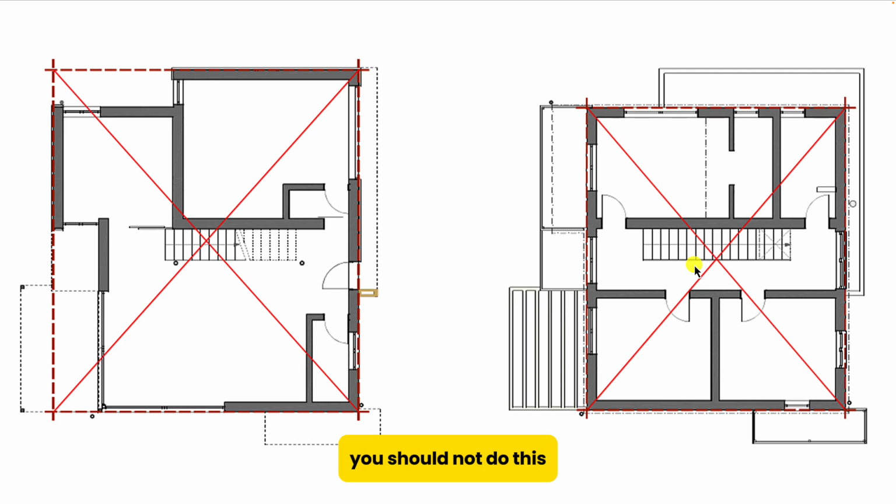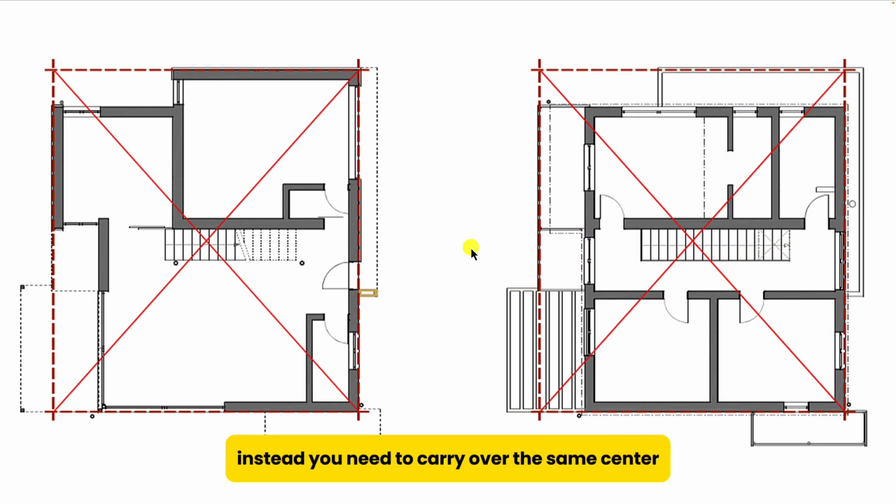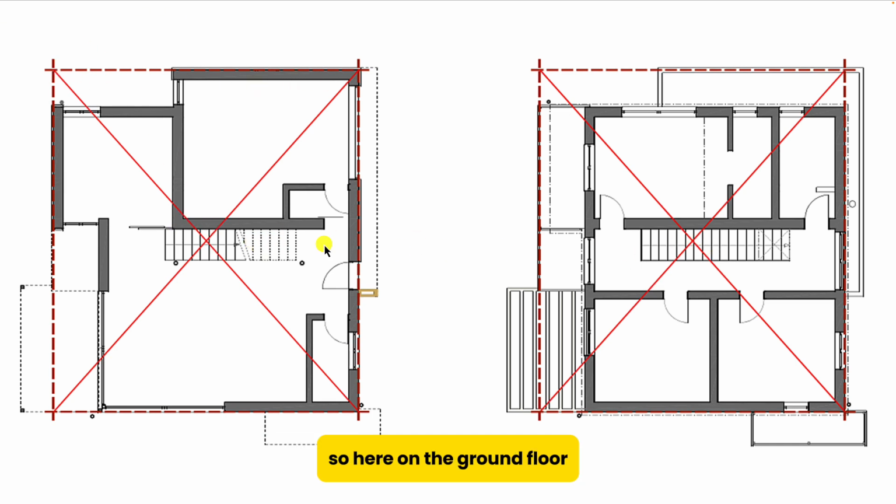You should not do this when analyzing the Vastu of your home. Instead, you need to carry over the same center. So here on the ground floor, you have this center, and so you just carry over the same center with the same rectangle to all the other floors. So once you have chosen a center, you should carry that center over to the other floors as well.